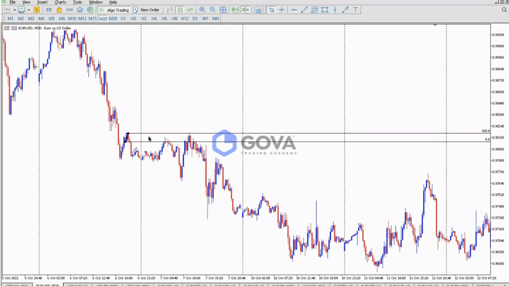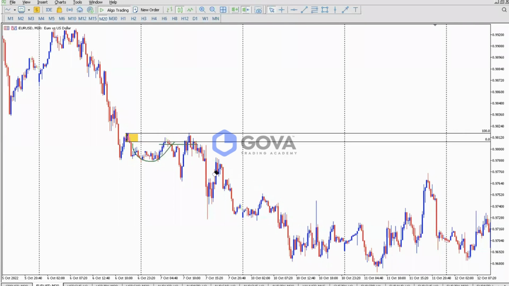You can see how price came back to the zone and then dropped down massively.